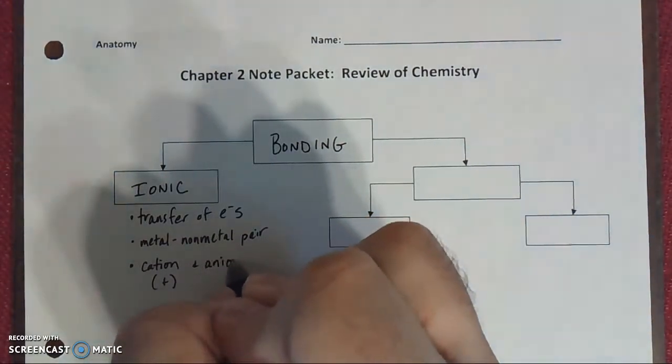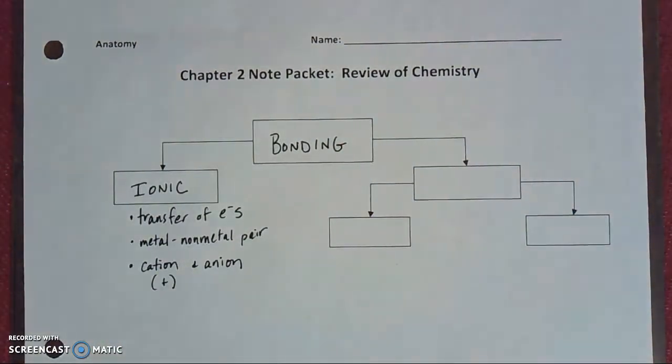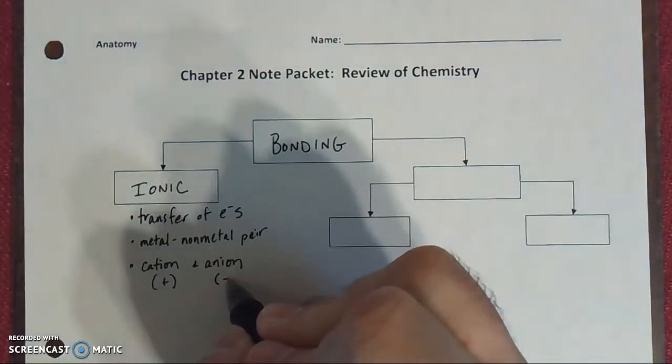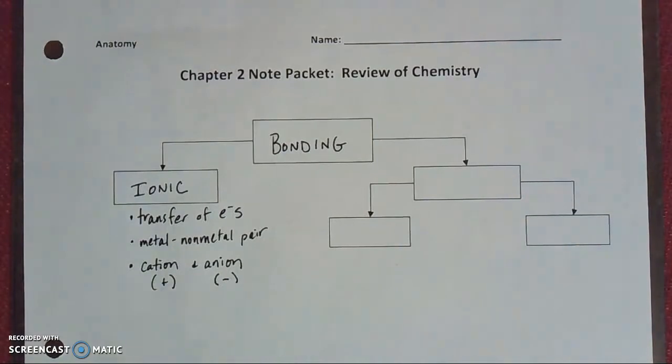And the nonmetal is an anion. Remember that the second part of it could also be a polyatomic ion, which is a group, something like phosphate or acetate. We will see those, sulfate, all through the class. And the anion is a negative charge.